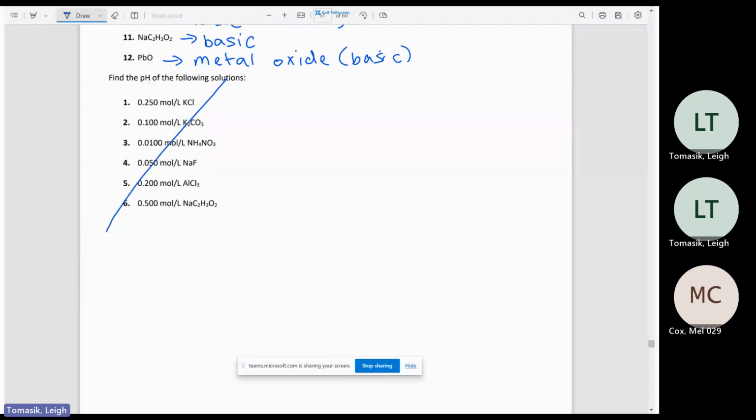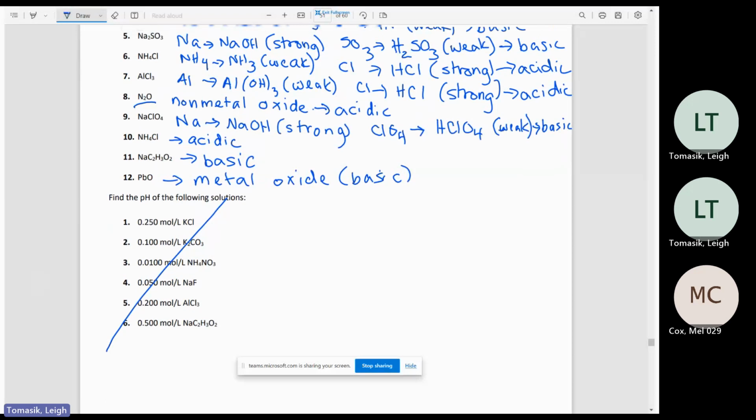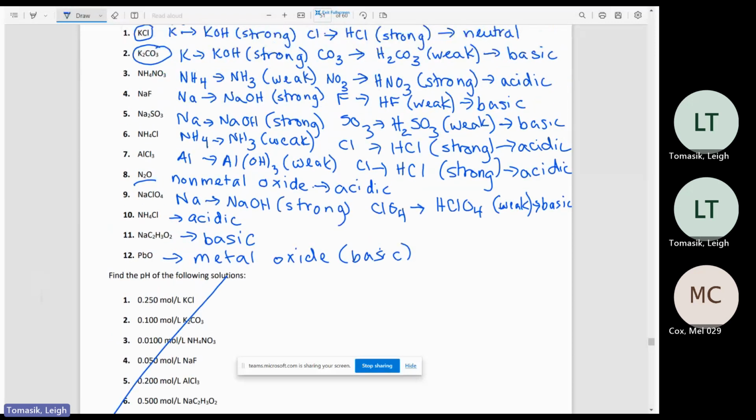of salts. Maybe a little bit later, if I have some time, I can show you how to come up with the pH of salt solutions, but I would say it's not something that you need to know for your test or your exam. More likely, I'm just going to give you a salt and ask you if it's basic, acidic, or neutral.